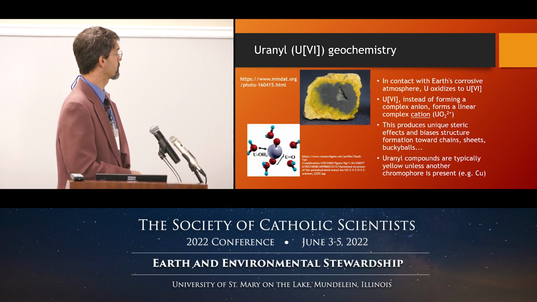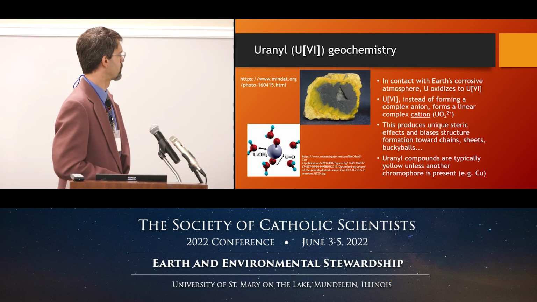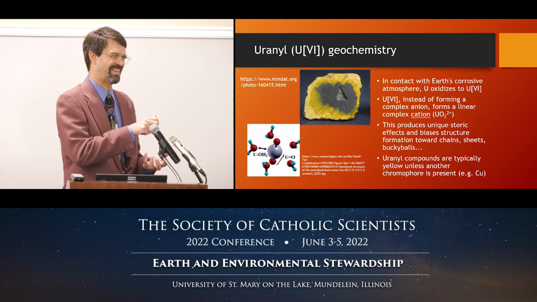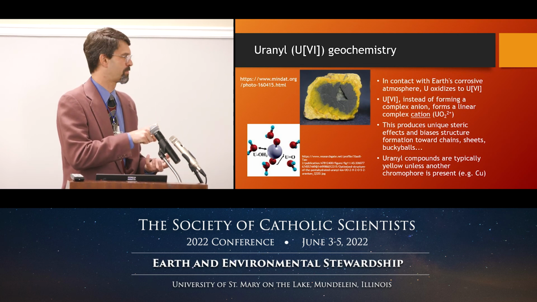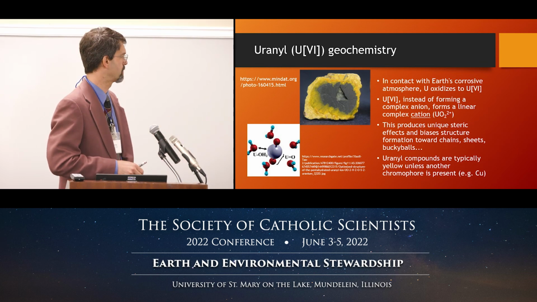So what this will do, instead of drawing 4, say, which is the most common number of ligands around it, it will just draw 2, forming this linear complex cation, which nothing else on the periodic table does other than uranium and some of its friends down there at the bottom row in the actinides. So this produces weirdness, basically.